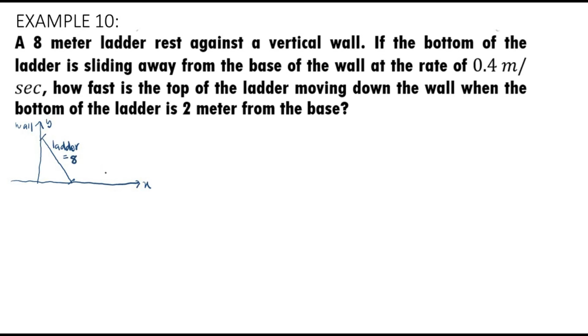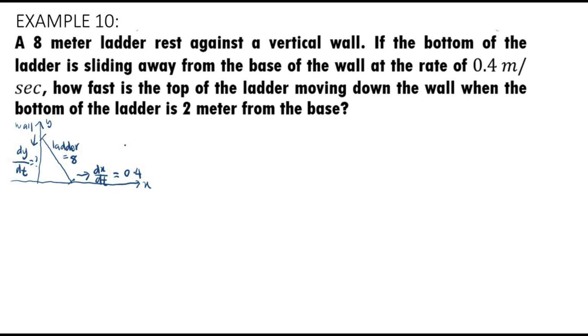Now, if the bottom of the ladder is sliding away, means between the ladder and the floor sliding away, I would say that is basically our dx over dt with the rate of 0.4. And then how fast is the top of the ladder moving down, means the movement between the ladder and the wall, I would say that one is basically dy over dt when the bottom of the ladder is 2 meter from the base.